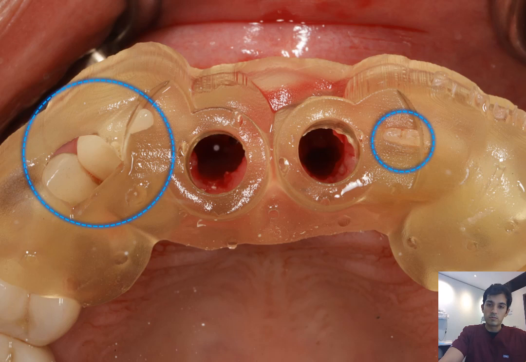Another thing you'll notice with this guide, looking at it from the occlusal aspect, there are no metal sleeves here. Most guides you see in cases people post include metal sleeves where your implants are going to go. Now that's really the beautiful thing with the R2 gate surgical kits. They have the sleeves not in the guide but in the drill itself, in the shank of the drill, and this makes it very easy to produce these guides chairside.